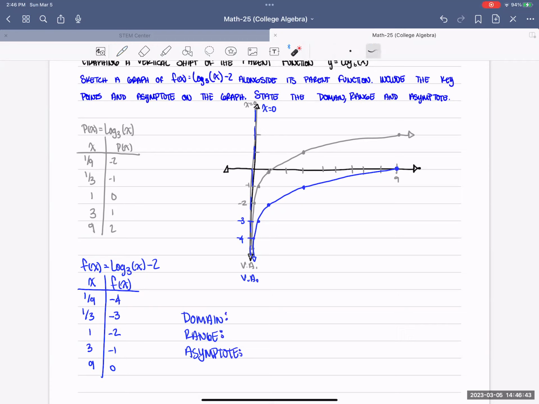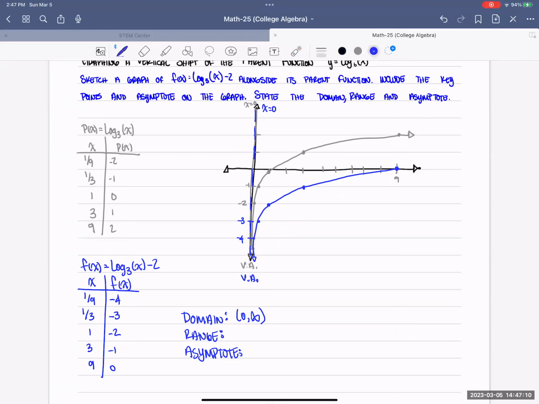Domain is restricted because we can't have any numbers 0 or less inside of the function. So our values are starting off here at 0 and going off into infinity. So 0 to infinity. Our range, as we get closer and closer to 0 from the right side, goes further and further down to -infinity.